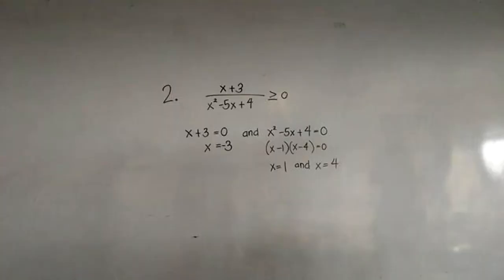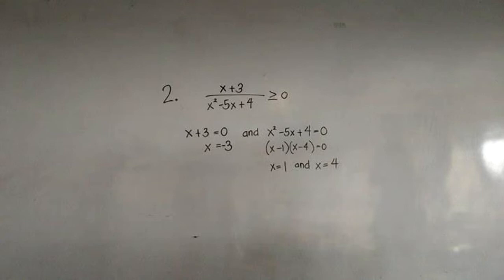Make a sign analysis chart. Use the key or critical values found in step 2 to divide the number line into sections. Perform the sign analysis. Pick one number from each of the sections created in step 3 and plug that number into the polynomial to determine the sign of the resulting answer.